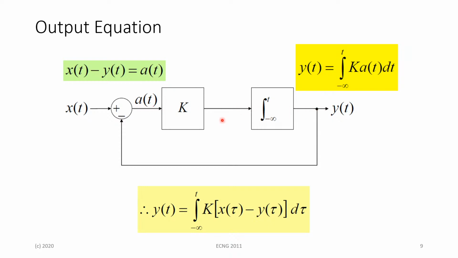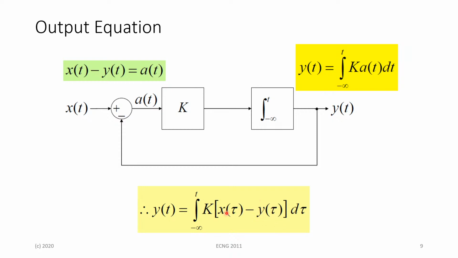At this point, we can say y of t is going to be k a of t, and that entire thing needs to be integrated between t and negative infinity, with respect to dt since it's an integral equation. Because we also know what a of t is, meaning x of t minus y of t, we can substitute this into the equation and get the final form in terms of its input x of t and its output y of t.